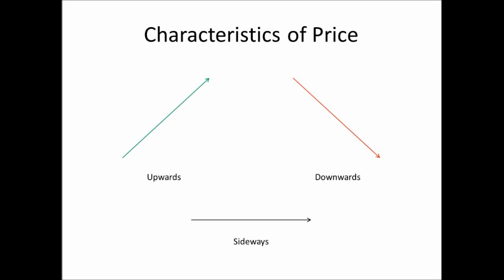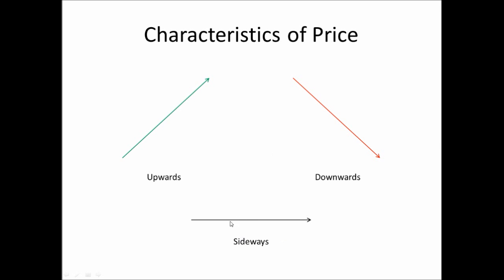In financial markets, price can move in 3 general directions: an upwards direction, a downwards direction, and a sideways direction. But price doesn't move in a straight incline. When price moves downwards, it doesn't move in a straight decline.